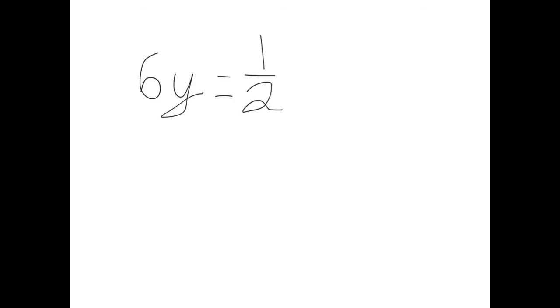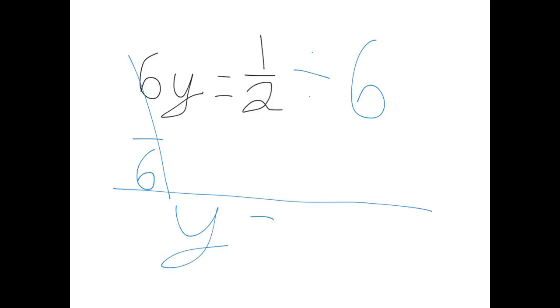Okay, here we're going to have to divide again. Yeah, we're going to have to divide again. So we're going to divide by 6. Then we're just going to divide this by 6 too. So now that we have that, we can cross those out. Bring 1 down. And then we have to divide 1/2 by 6. So we can put it over 1 and flip it.